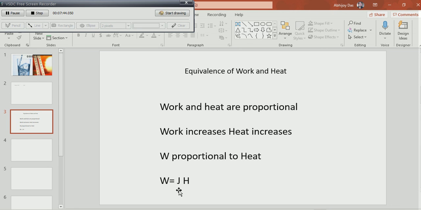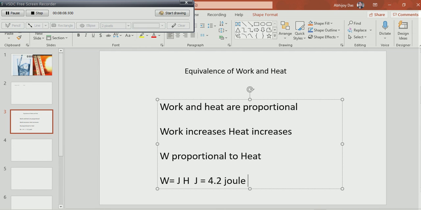And remember that in CGS system the value of J is 4.2 joule per calorie. In CGS system it is 4.2 joule per calorie. This is the heat energy equivalence principle.